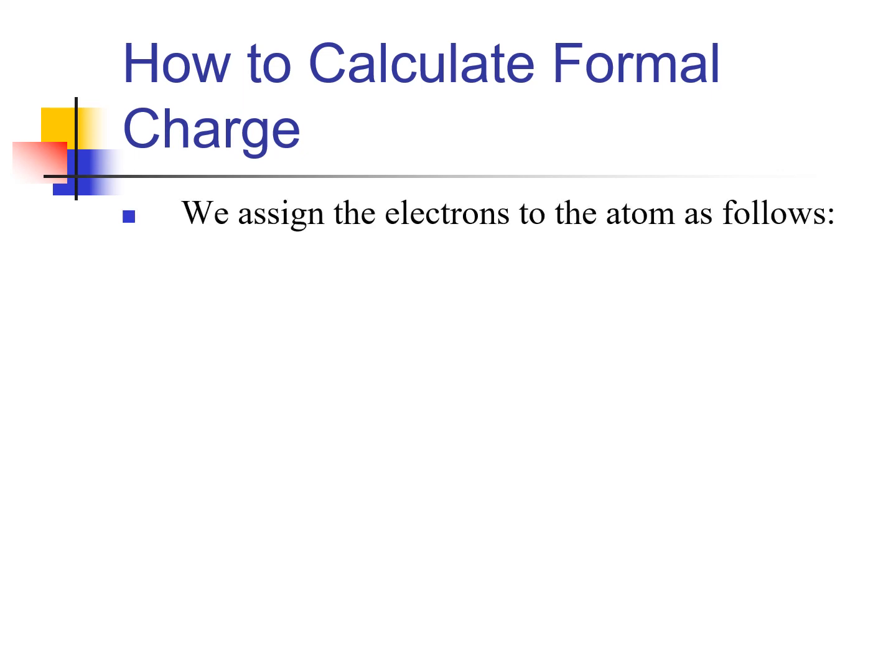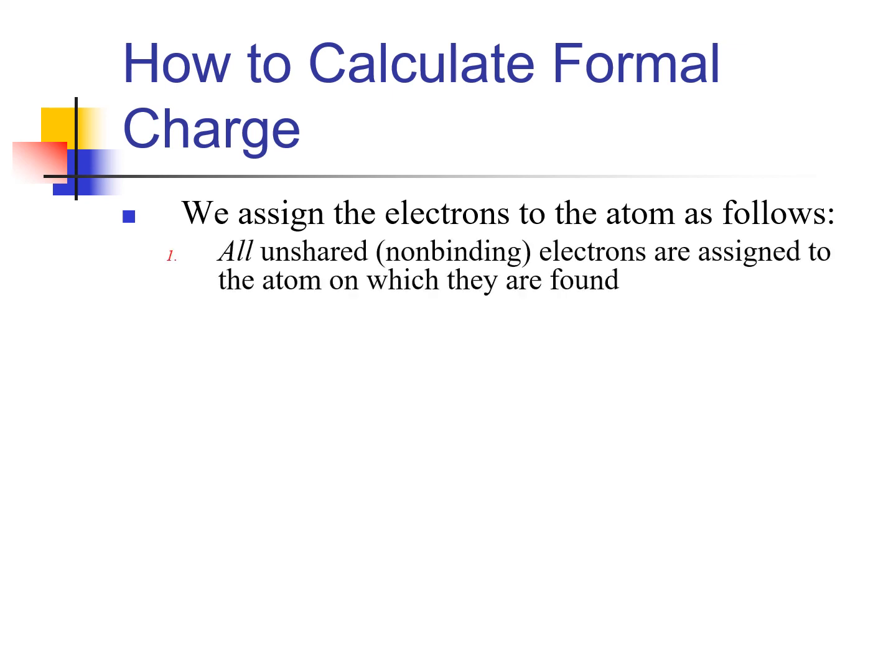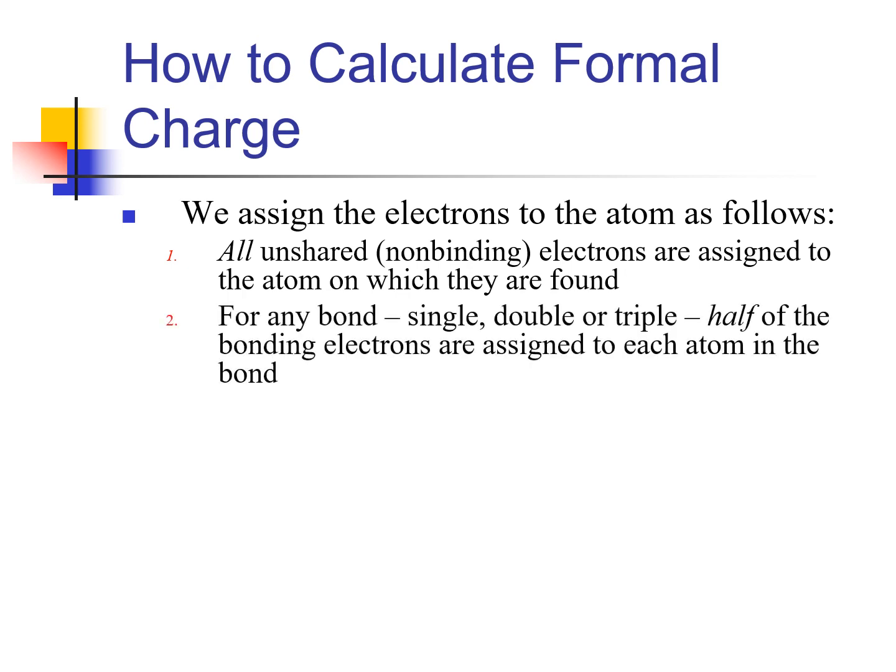So first off, how do we calculate formal charge? What we're going to do is assign electrons, or just count. I think of this as a math thing. We add up all of the unshared or non-binding electrons assigned to the atom in which they're found. For any bond, you add 1 for each bond, or half the number of electrons in the bond.